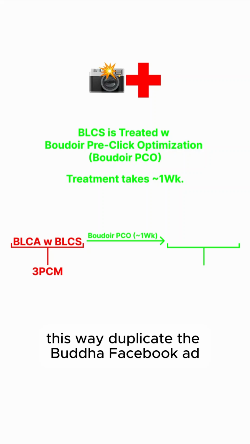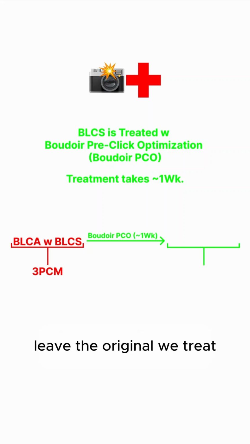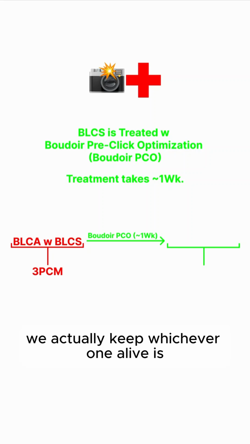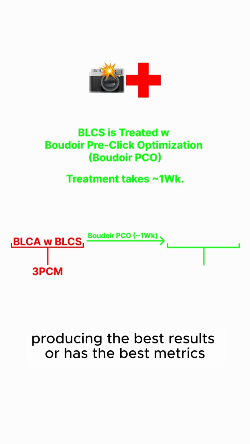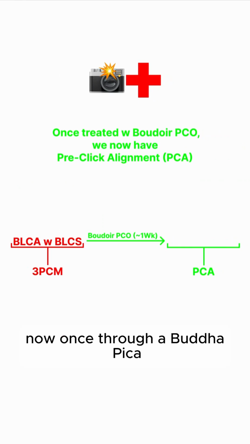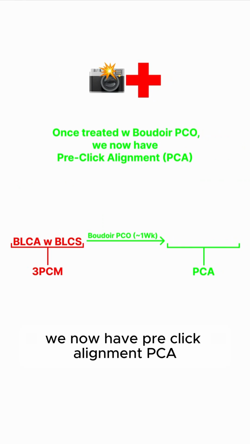This way we duplicate the Boudoir Facebook ad, leave the original ad as it is. We treat the duplicated one, run it in parallel. And at the end of a week, when the treatment is done, we keep whichever one is producing the best results or has the best metrics. Now, once done with Boudoir PCO, we now have pre-click alignment, PCA.